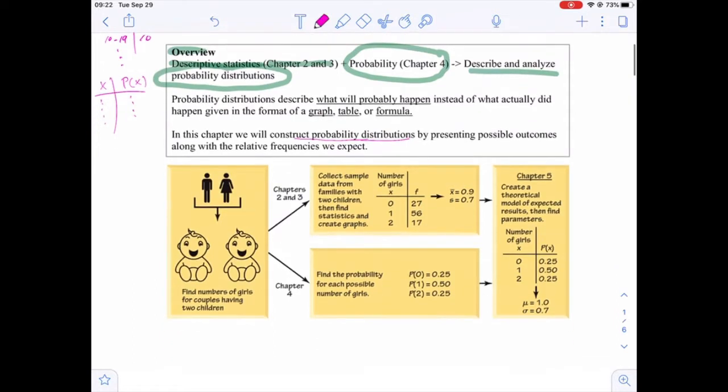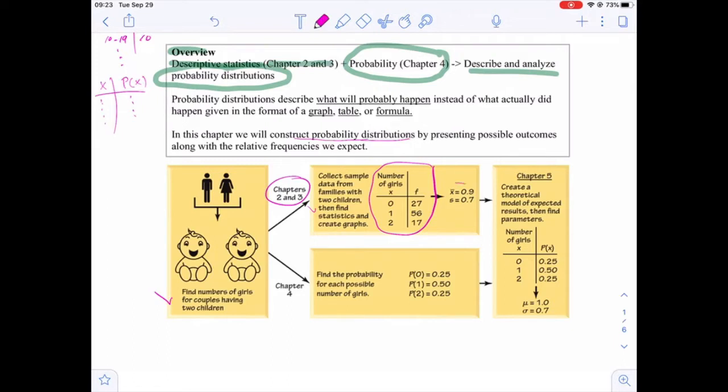Okay, let's take an example to summarize. Suppose we want to find the number of girls for couples having 2 children. In chapters 2 and 3, we used to make, for example, a frequency table, collect sample data from families with 2 children, then find statistics and create graphs.